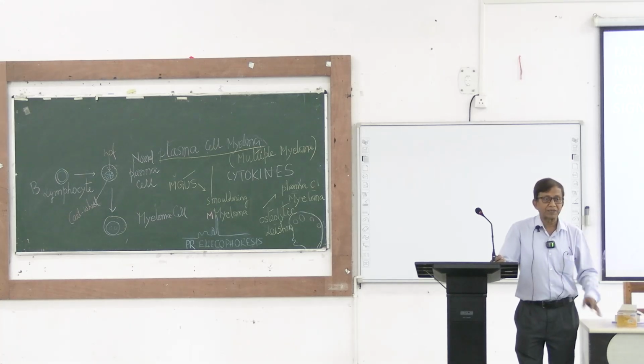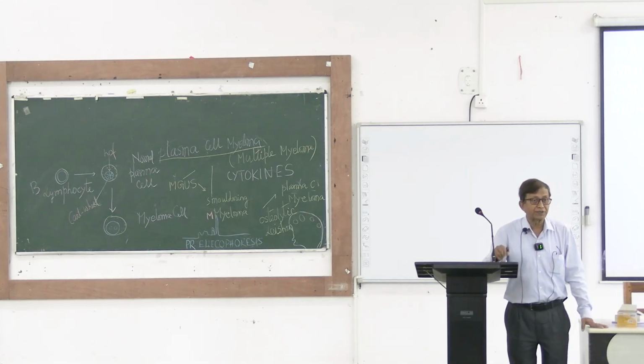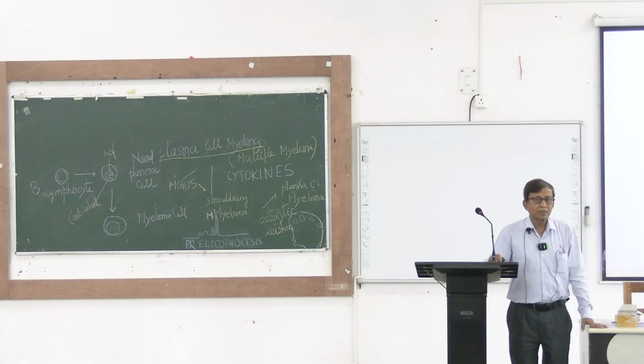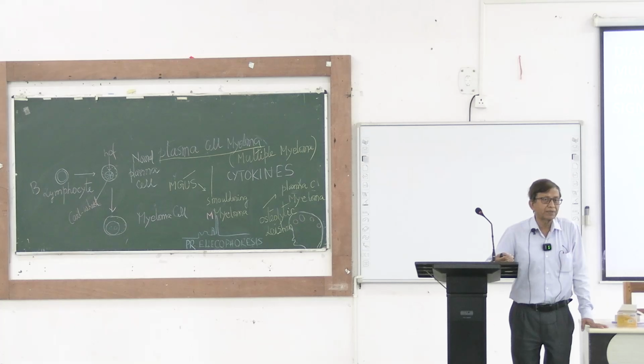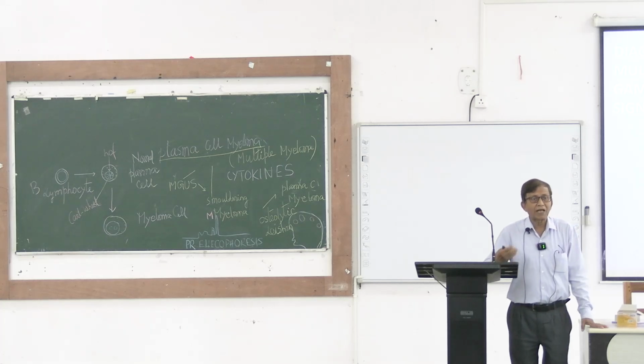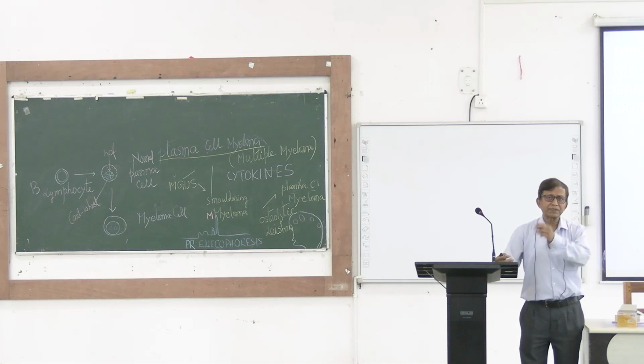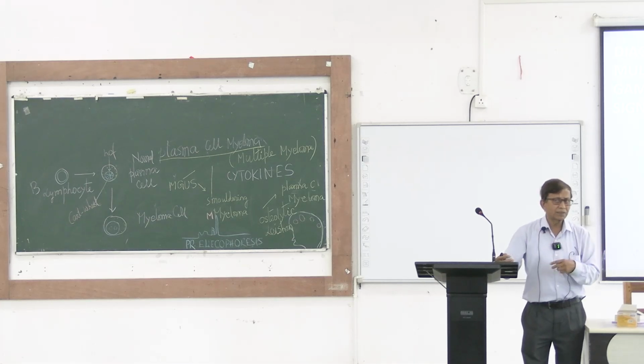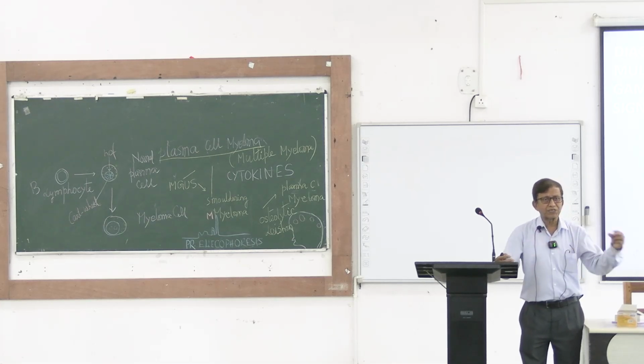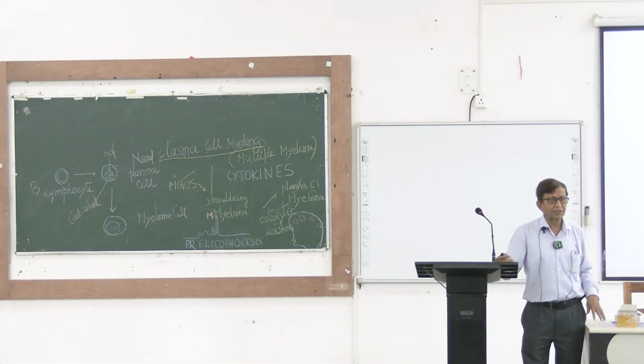So if your blood has heavy abnormal protein, more than 3.5 gram percent, you will have different types of problems. Your blood will be thick like motor oil, thick plasma that will be stuck in different parts of the body.